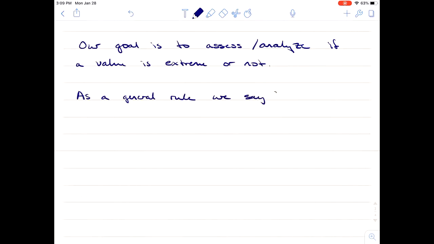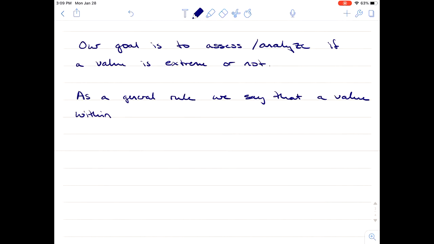So as a general rule, we say that a value within the central 95% of the distribution is not extreme. That's where 95% of everyone's hanging out. That's completely, I hate to use the word normal, when we're talking about the normal distribution, it gets confusing, but that's the norm.